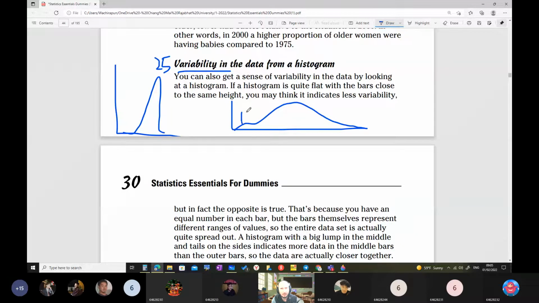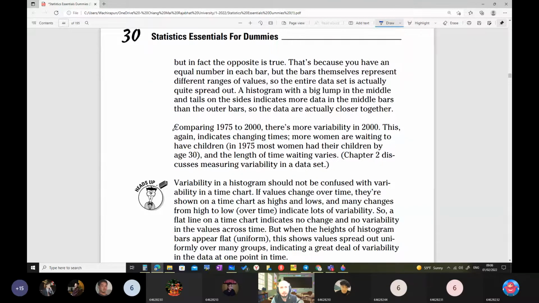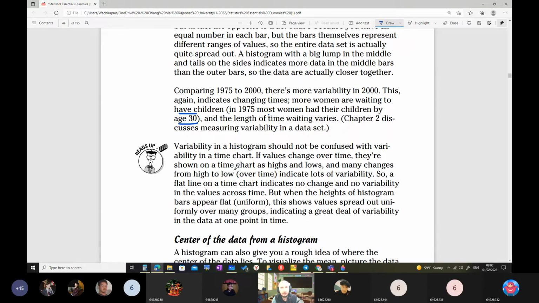Whereas here it's 18 to 50, right? Very stretched. Like I told you, if you compare 75 to 2000, there's more variability in 2000. Changing times, more women are waiting to have children. In 1975, most women had children by age of 30. Okay? And now they don't.